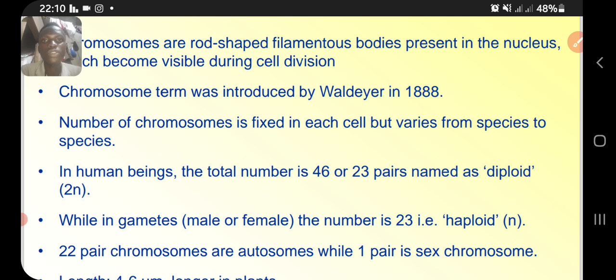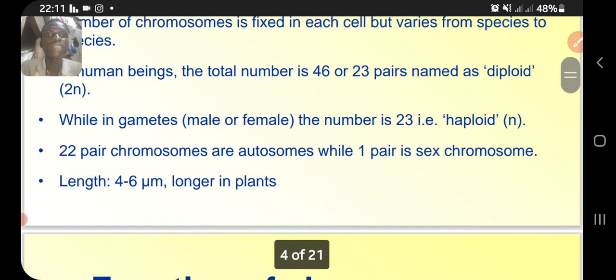This usually confuses some students. Some say we have 46 pairs, others say we have 23 chromosomes. No. In human beings, the true number of chromosomes is 46 chromosomes, or you can say 23 pairs of chromosomes. While in the gametes of the male and female, the number is 23 because these gametes are haploid.